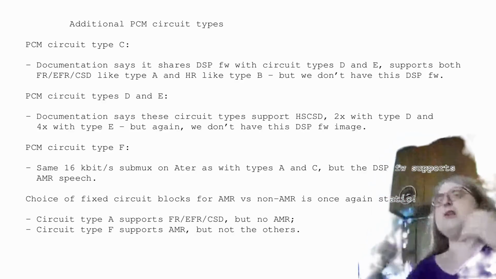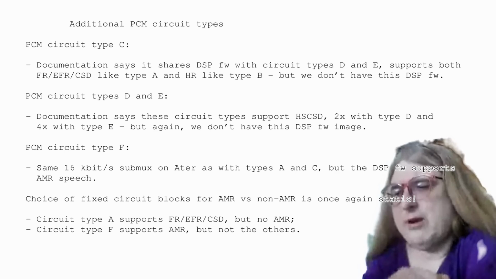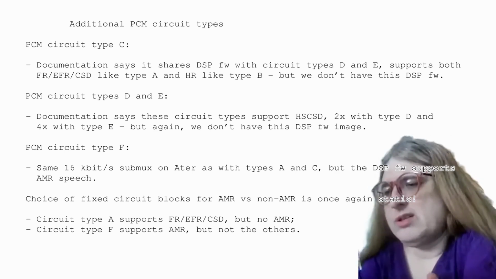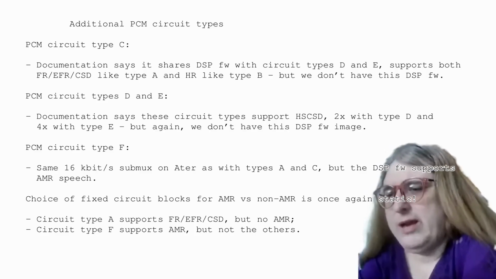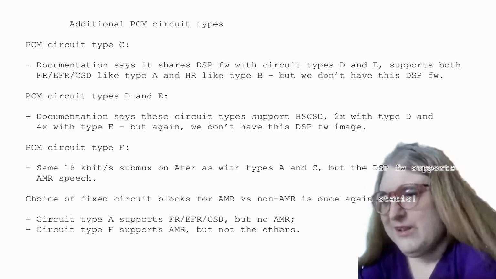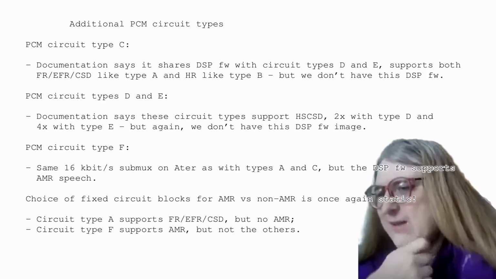So now I'm thinking, okay, imagine if you're a real operator running this thing, and most of your users are going to have AMR-capable handsets, but there will be a few crazy people like me who love to use old phones that don't support AMR.